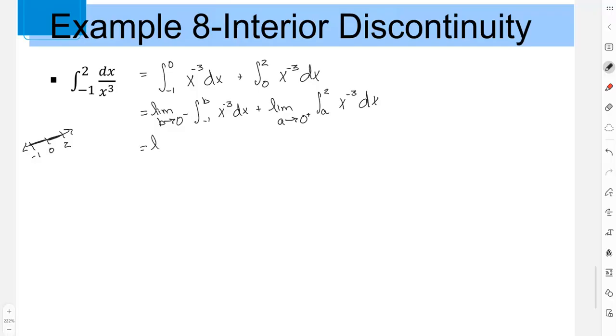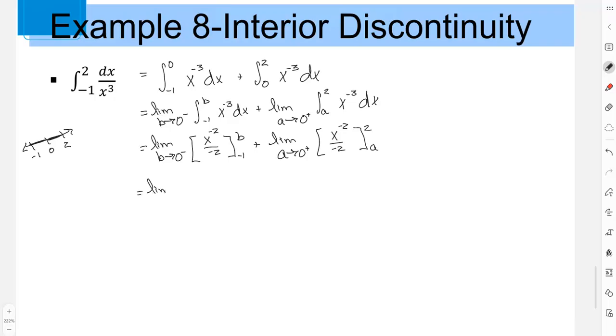So now we're going to integrate. We have x to the negative 2 over negative 2, and we need to evaluate from negative 1 to b. And for that next one, we're going to have x to the negative 2 over negative 2, evaluated from a to 2.